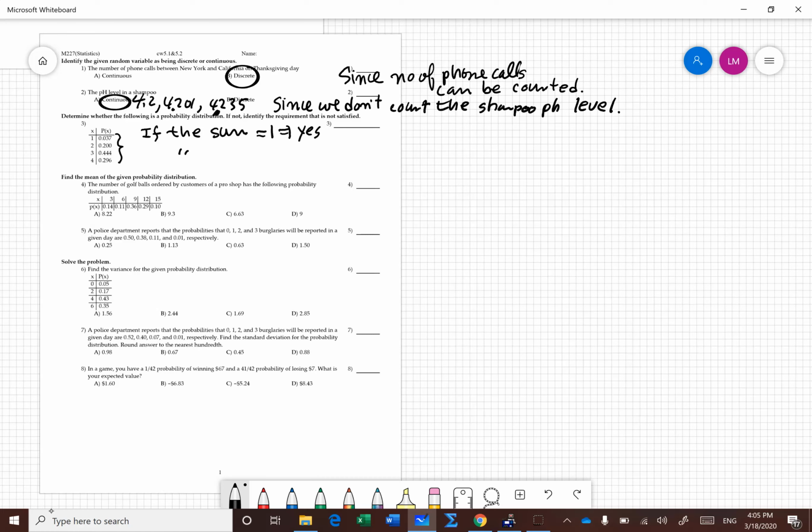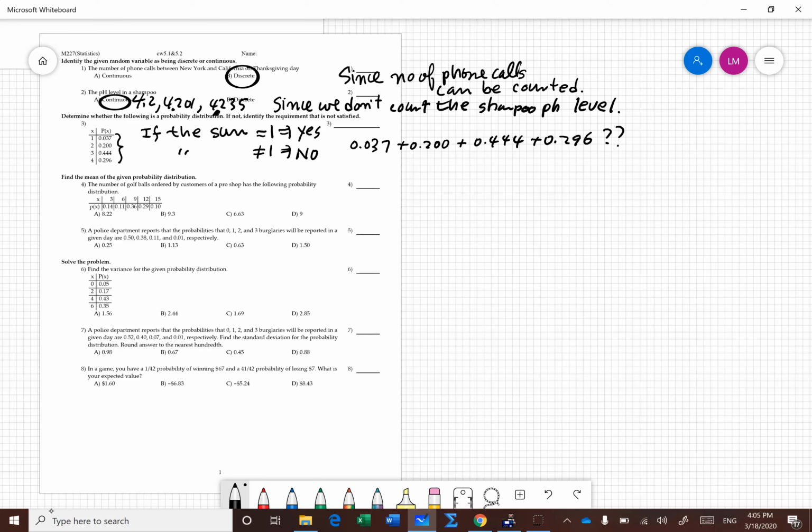If the sum is not equal to 1, the answer is no. So you just add all those four numbers: 0.3, 0.037 plus 0.200 plus 0.444 plus 0.296. You have to add them up and check.